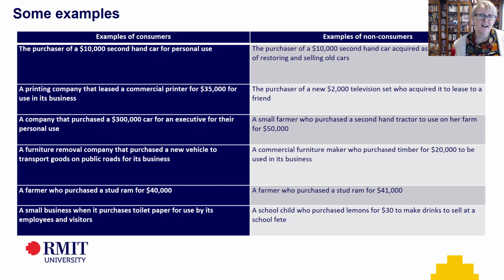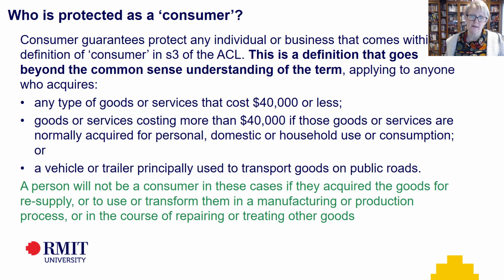So the purpose of this slide is to give you some examples of the difference between consumer transactions and non-consumer transactions. My stud ram example is on it. Have a look, make sure that you understand. The thing I probably didn't mention on the last slide is that one of the things that will exclude something from being a consumer transaction, let's have a look at it, the words highlighted in green here, is a person won't be a consumer in any of these cases if they acquire the goods for resupply or to use or transform them in a manufacturing or production process or in the course of repairing or treating the goods.